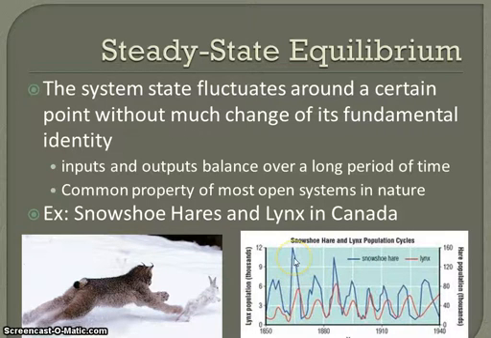Well, when the number of snowshoe hare decreases, then in turn you're going to see a decrease of the lynx. But over a long period of time, we would see what we call steady state equilibria, because you can find an average number of snowshoe hare, an average number of lynx.